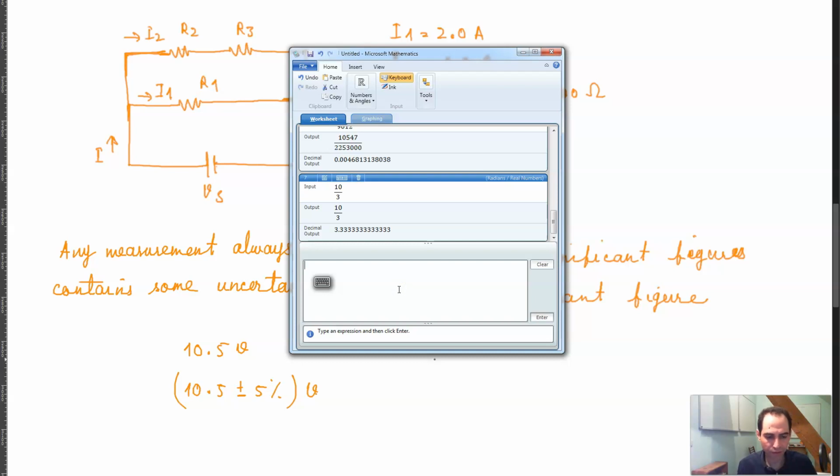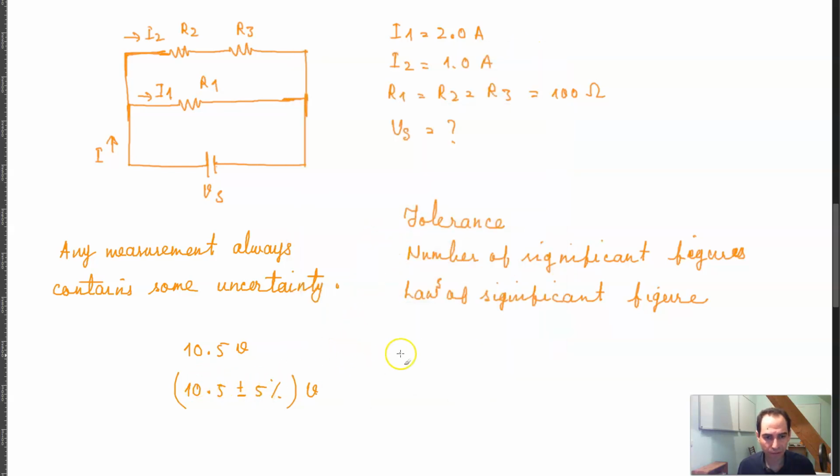If you calculate 5% of 10.5, since 10% of 10 would be 1, you get 0.525. So 0.525 is 5% of 10.5.